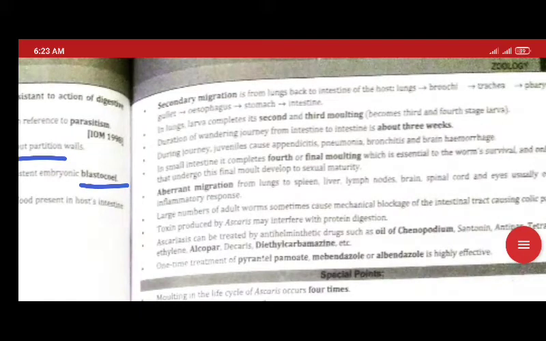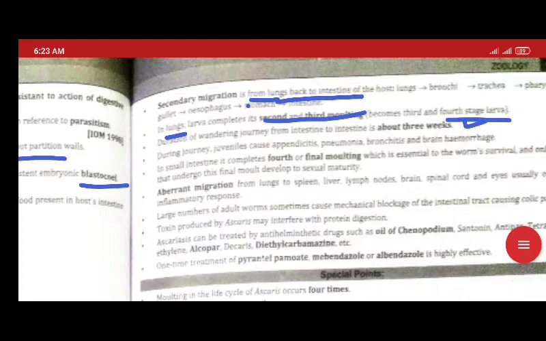Secondary migration is from lungs back to intestine. Molting is also present here. So second and third molting in lungs, third and fourth stage of larva, and it needs 3 weeks for development.